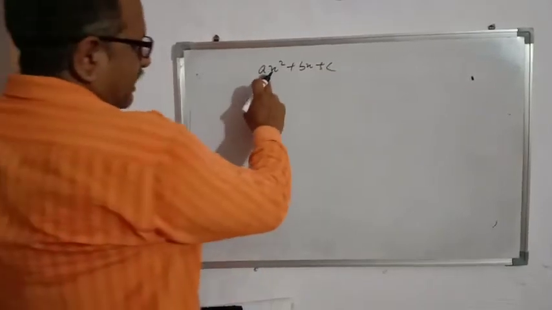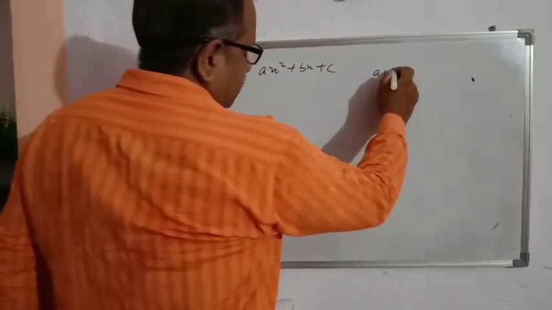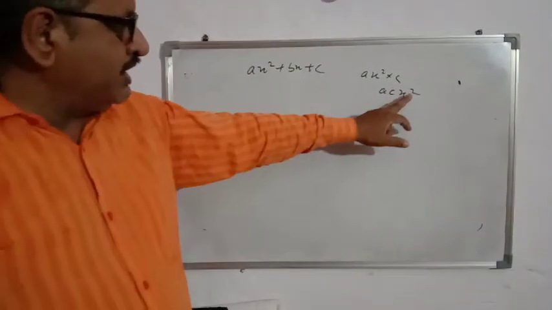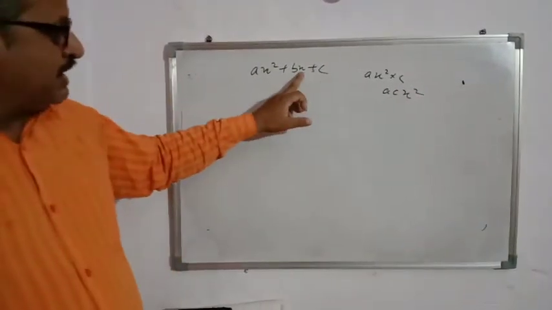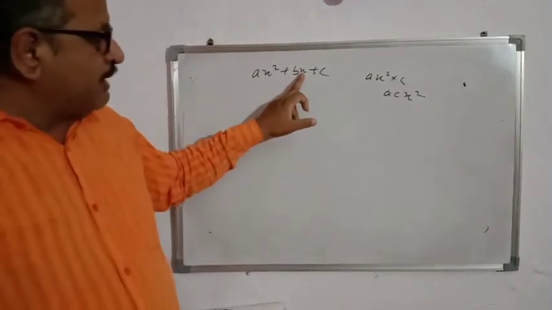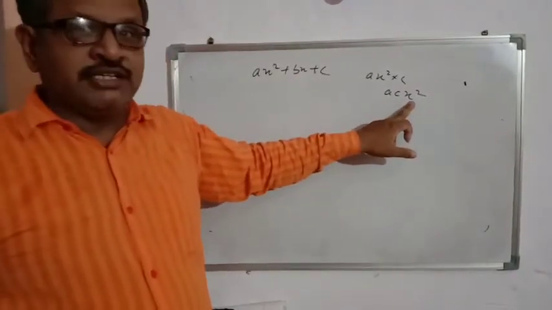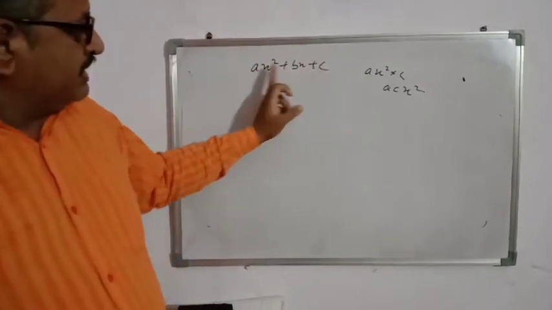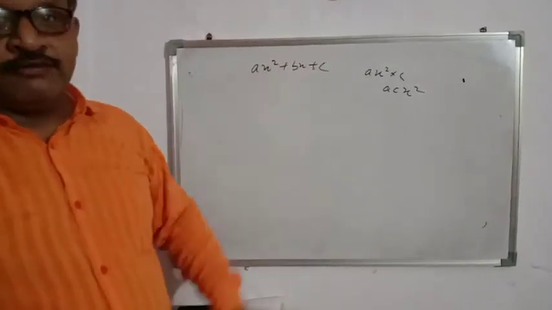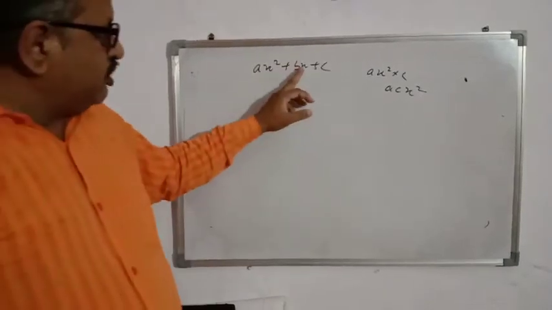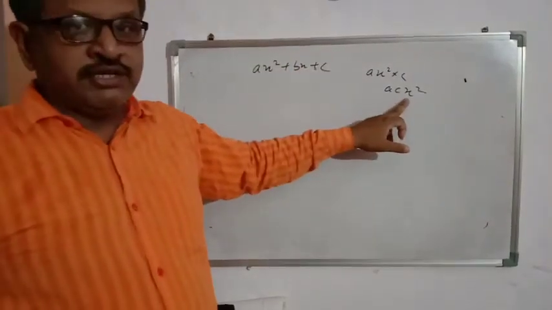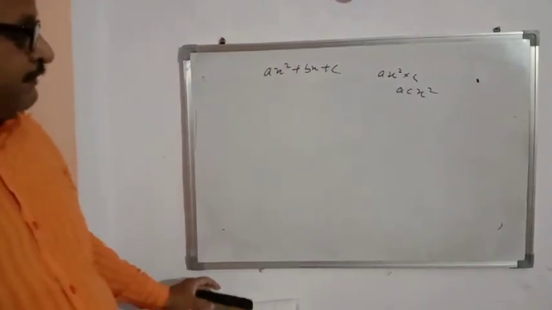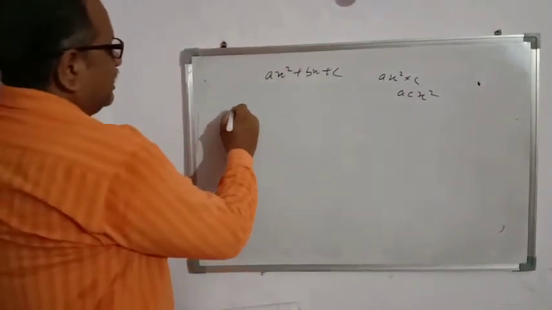If we multiply first and last term, we get acx square. What is the power of the literal? 2. What is the power of the literal in the middle term? 1. This power is just half of the power of the literal in the product of first and last term. In this case, we can apply the splitting of the middle term. If it is not half the power of this product, we cannot apply the splitting of the middle term method. See one more example.